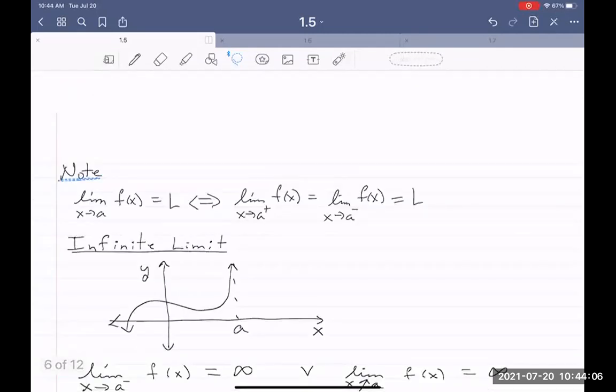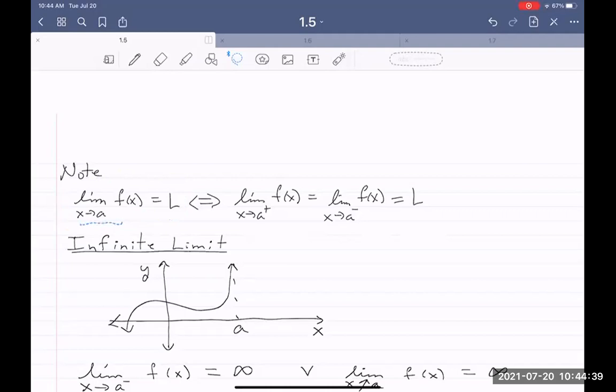Note the following. The two-sided limit, the limit as x approaches a of f of x, is equal to L if and only if the right and left-sided limits both exist and are equal, and the mutual value that they're equal to is the value of the two-sided limit.